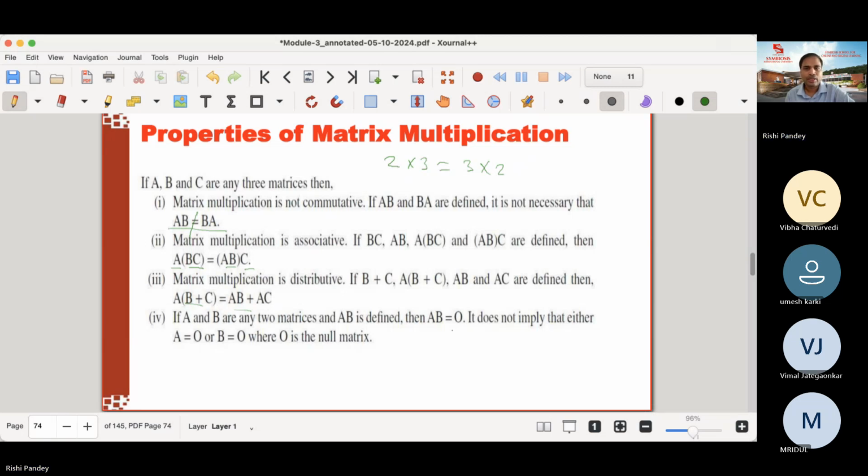You can add and multiply, or you can multiply then add. Both are right. If A and B are two matrices, and AB is equal to 0, it does not imply that both are 0, or that any one of them is 0. What does it mean? Can anyone explain to me? Only 3 students. Fine.